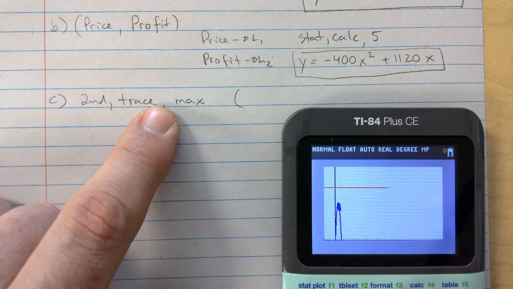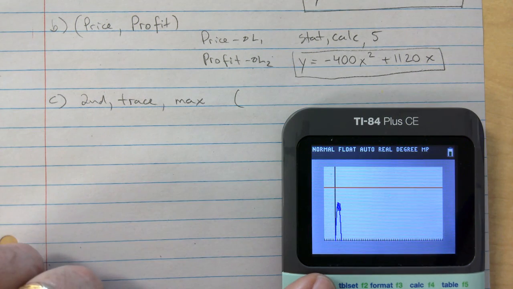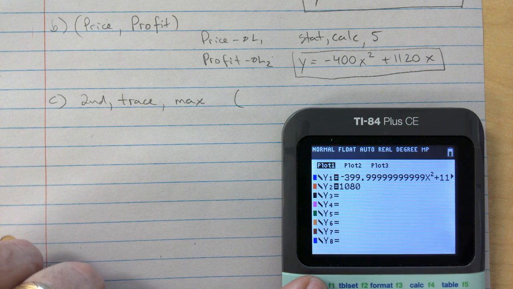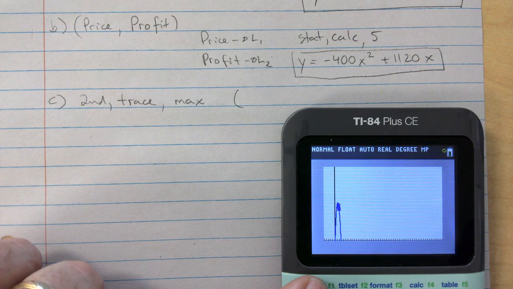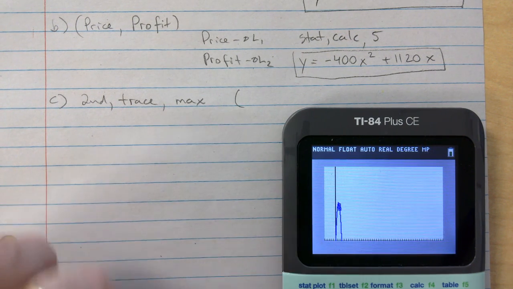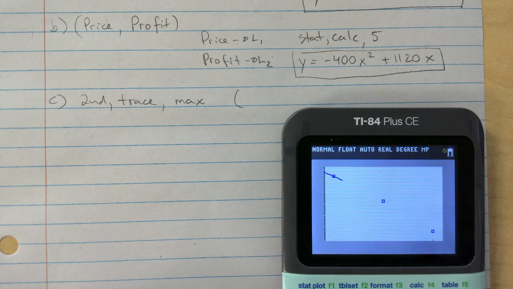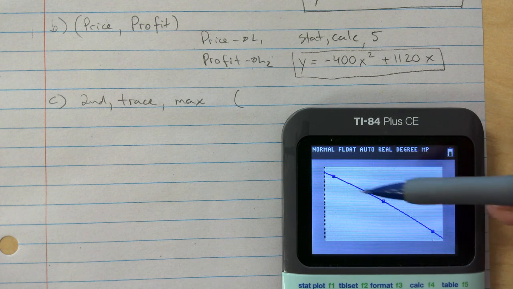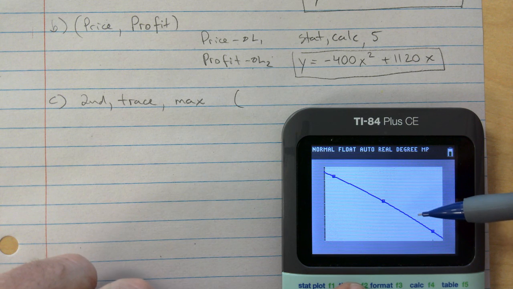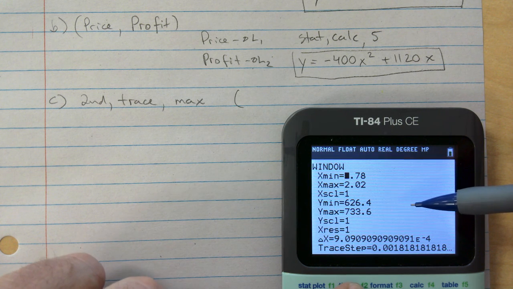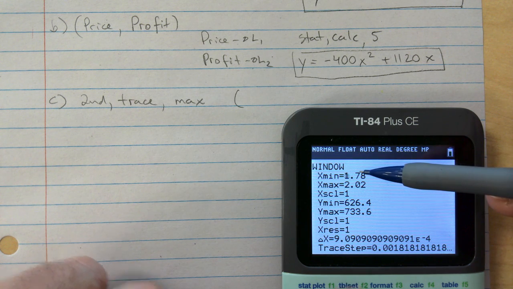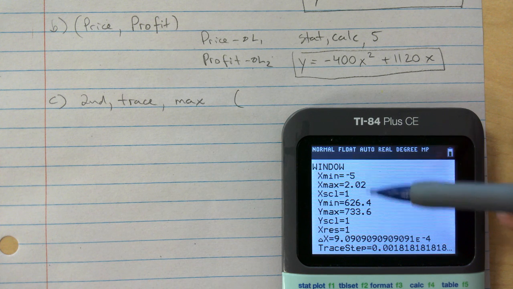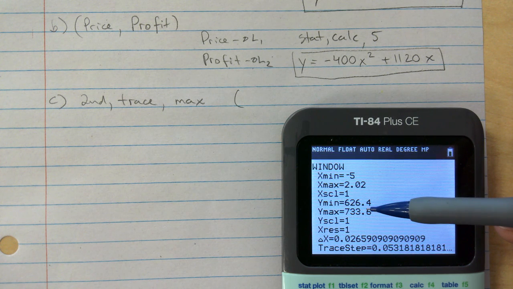and I'm going to go zoom 9 here. Oh, I never erased the 1080 from the other word problem there, so I'm going to get rid of that. I'm going to hit graph again. It's on there, all right, but I'm going to go zoom 9 just to show you what happens. It looks like a straight line, right? But you're going to go window, change your x min to like -5, change your y min to -5, and then hit graph.